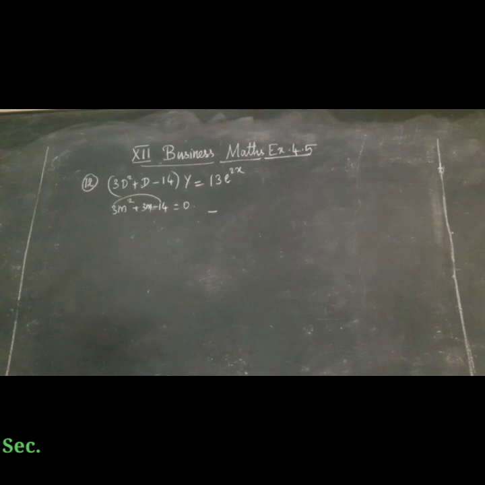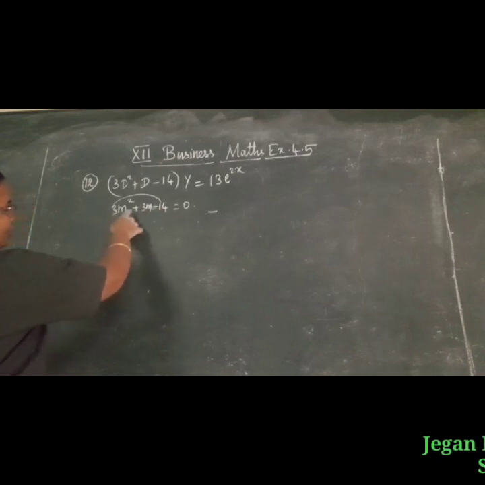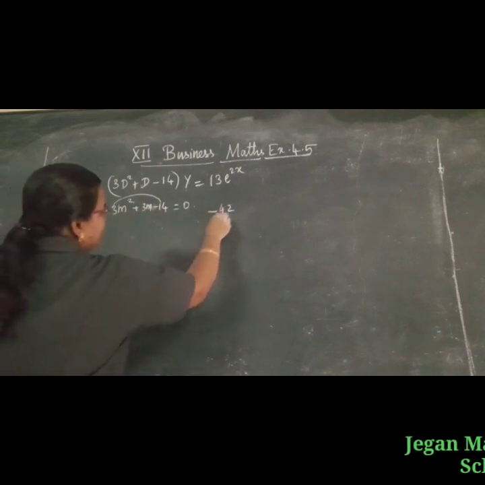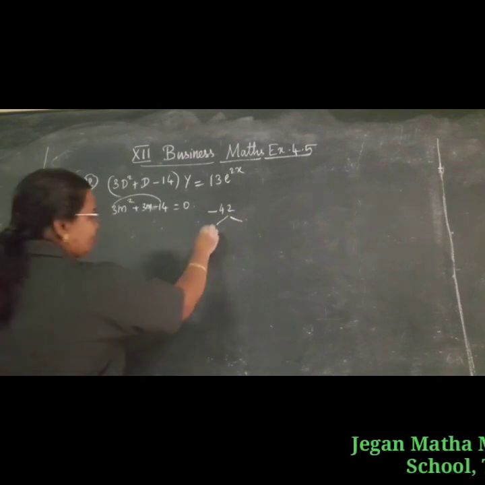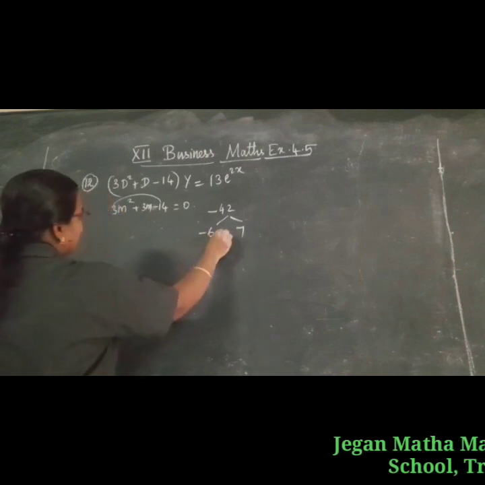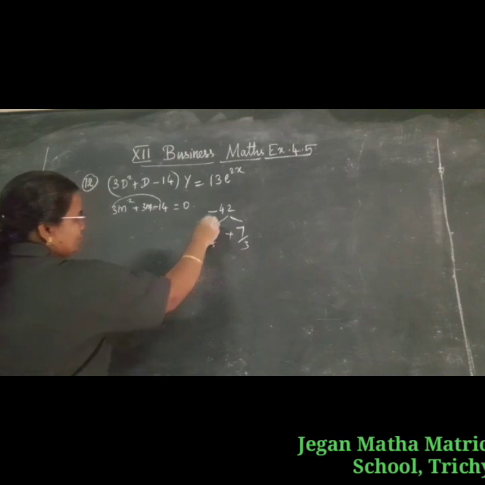That is minus 42, split into 2 ways, that is 14 into 3, 4 3s are 12, 42, minus 42 split into 2 ways, that is 6 7s are 42, this is minus and this is plus, and divided by 3.